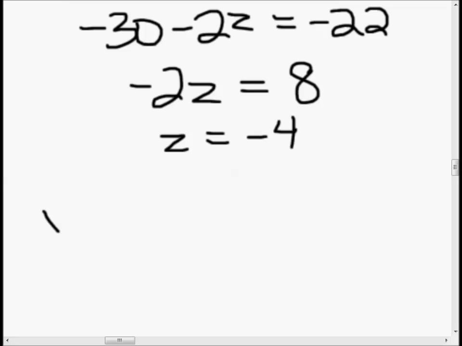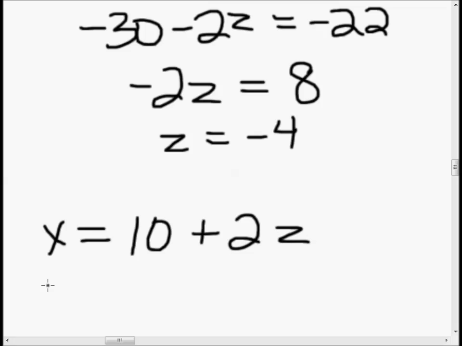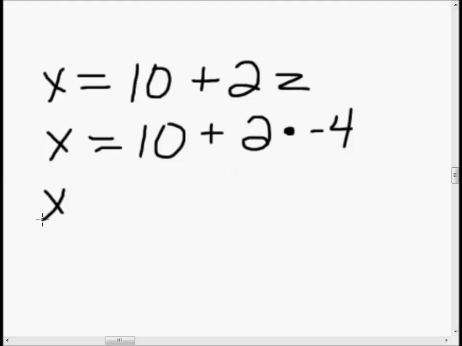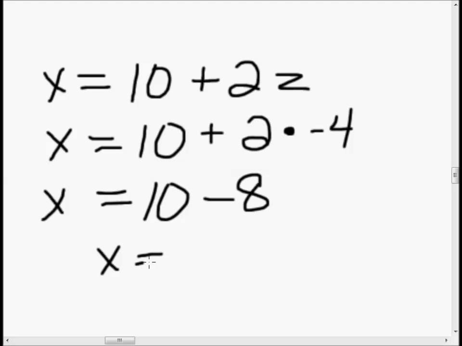We solved for x somewhere, and that was x equals 10 plus 2z. And so x equals 10 plus 2 times -4, and that is x equals 10 minus 8, x equals 2.